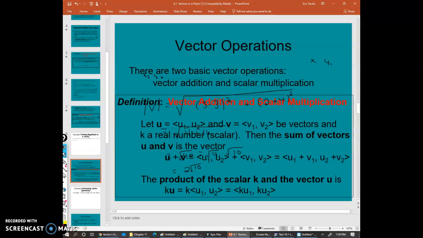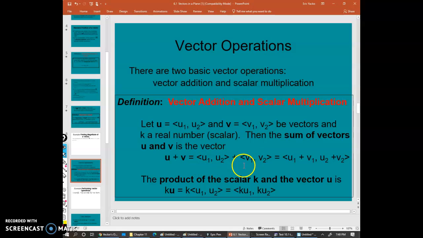Vector operations now. Let's clear this ink. All right, vector operations: vector addition and scalar multiplication. Vector addition is pretty simple. If you have two vectors, u and v, for vector addition, you would just add the x components, so to speak, together.